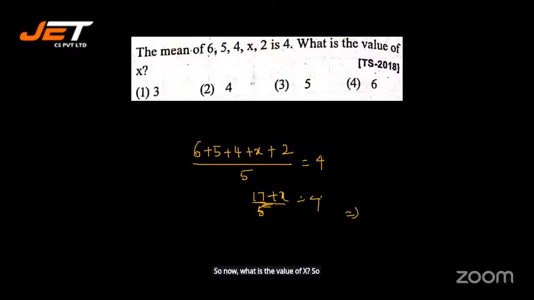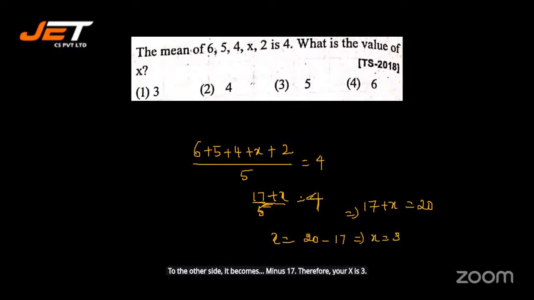So this implies 17 plus x is equal to 20. 6 plus 5, 11, 12, 13, 14, 15, 16, 17. Perfect. When the 17 goes to the other side, it becomes minus 17. Therefore, your x is 3. So your answer must be the first option, and the answer is 3.